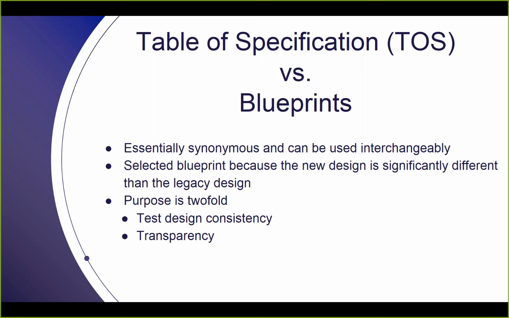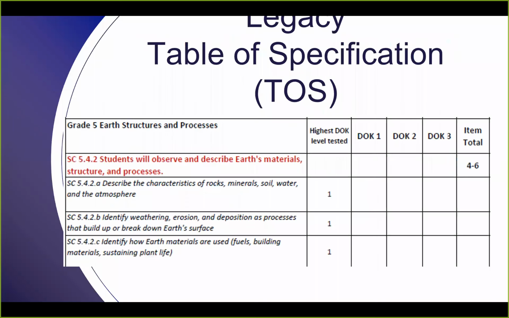That being said, the new blueprints are very different from the legacy table of specifications, right? In the legacy table of specifications, they looked a lot like the ELA and the math table of specifications. We gave you information about the indicators we were testing, how many, the item range, right? So we showed you on this one that there was 4 to 6 items and how that was broken down with the indicators.